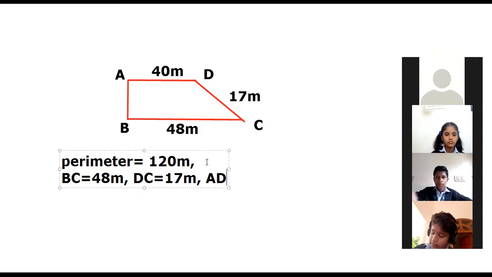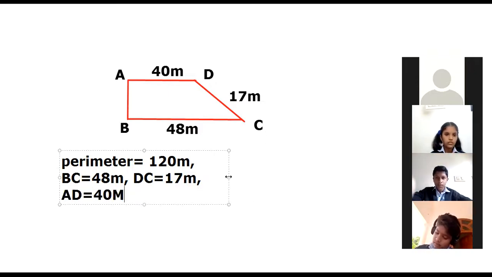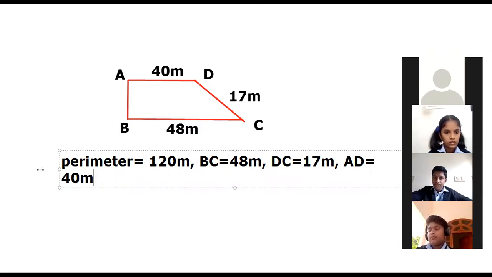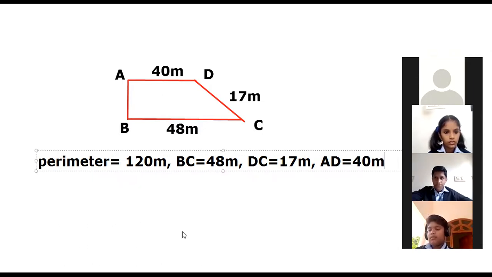Think about the perimeter, then you will get it. It is easy: 120 meter minus BC minus DC minus AD. We know three sides of this trapezium, right? AB is the fourth side, which is unknown.